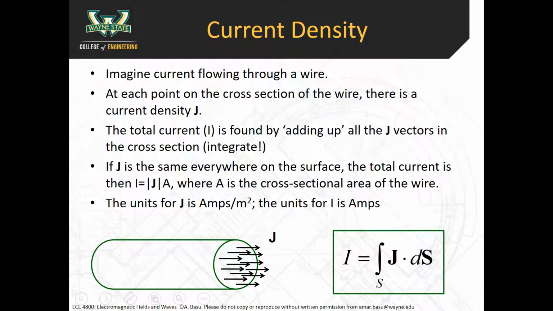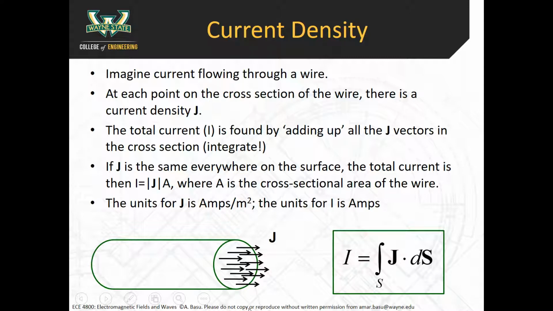So basically, it is the integral of J on this cross section. So if J happens to be the same everywhere on the surface, if J is uniform everywhere, then the current is just equal to I equals J times A, where A is the cross-sectional area of the wire.